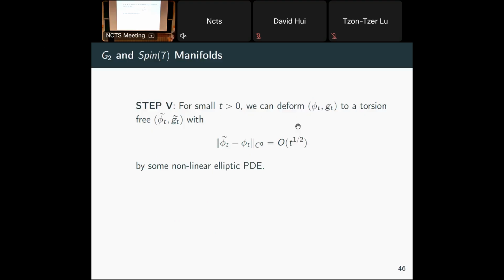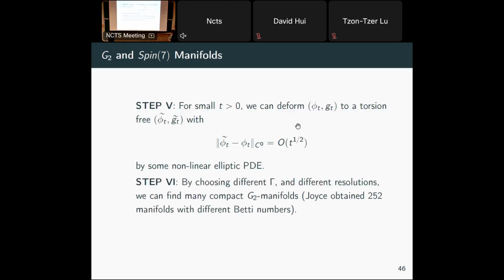Again, you had an old G2 structure, and now after this you have a new G2 structure, which should also satisfy some analytic restraints. Then you have a compact, smooth G2 manifold.